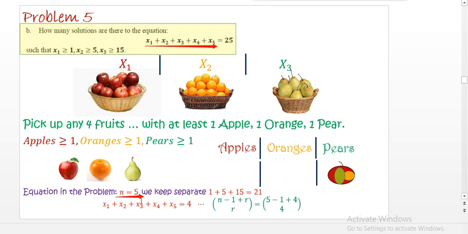So n is equal to 5 types of variables, and how many objects I have to take in any case? x1 should be greater than or equal to 1. So I have no choice. I have to choose 1 x1.